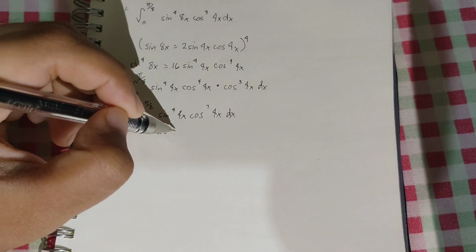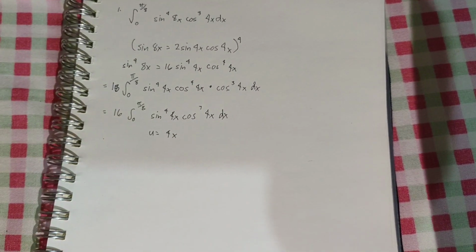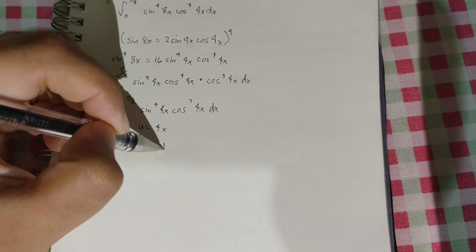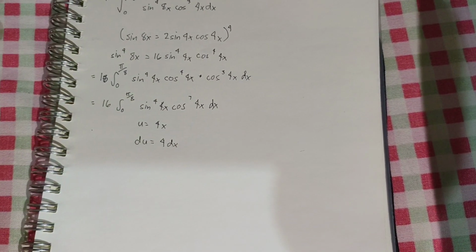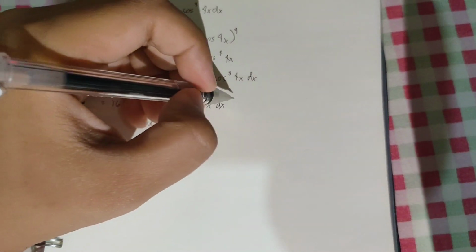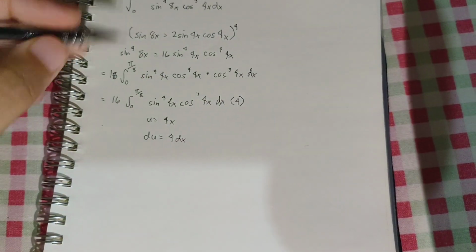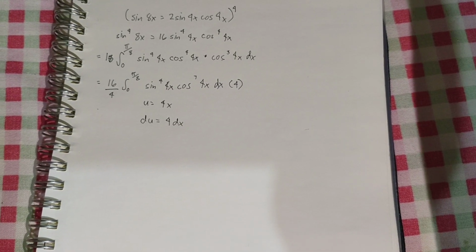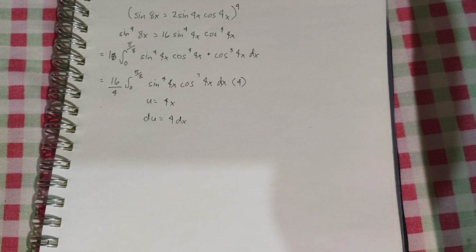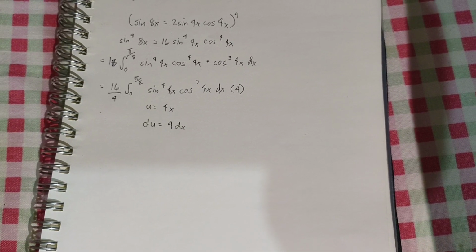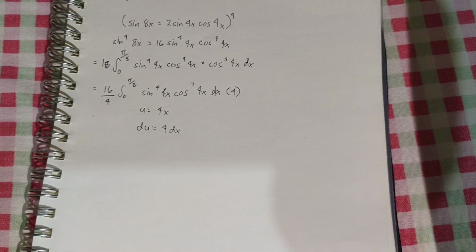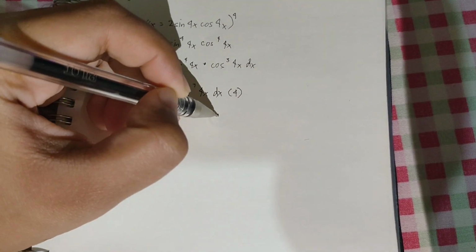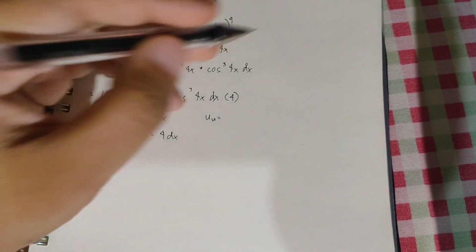Our u is 4x. Our du is the derivative of 4x, which is 4 dx. We are lacking a 4, so we will add 4 here and also 4 here. And then we will now compute our new upper and lower limit.